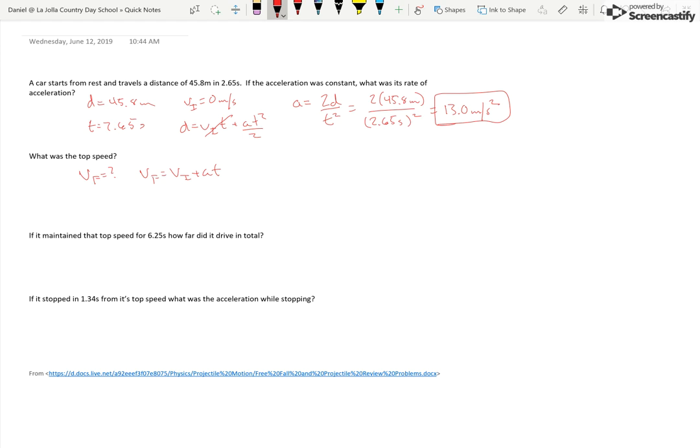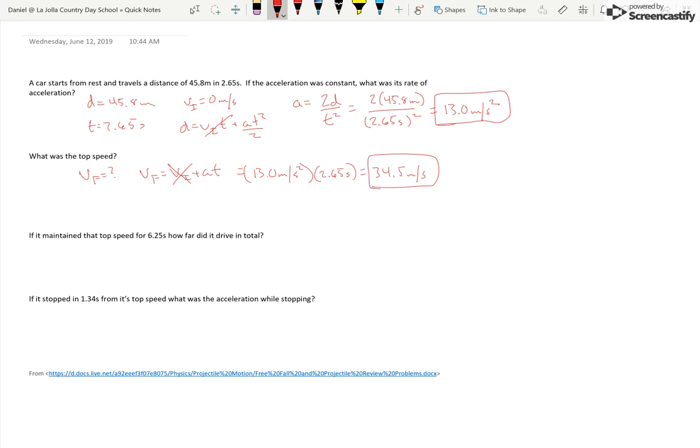based on how long we're accelerating for, that'll give us our final speed, especially because VI is 0, so that's going to go away. So you just take 13.0 meters per second squared, multiply that by the time of 2.65 seconds, and we get a final speed of 34.5 meters per second for the car.